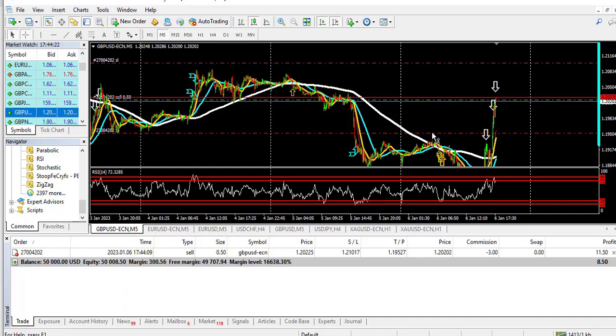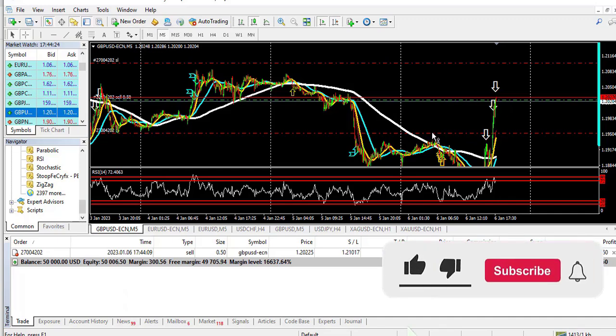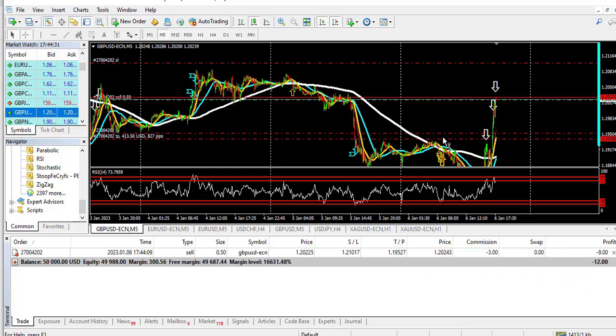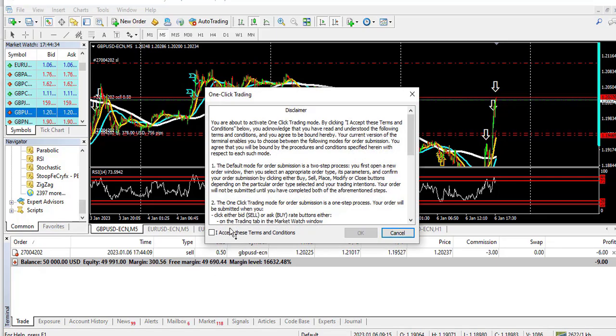So to get this right, I want to readjust. 75 pips would give me, okay, accept. You can see it's my first trade on the 50,000 challenge.